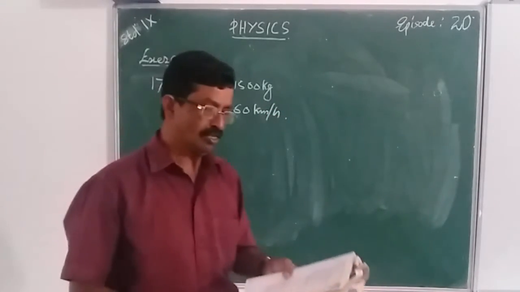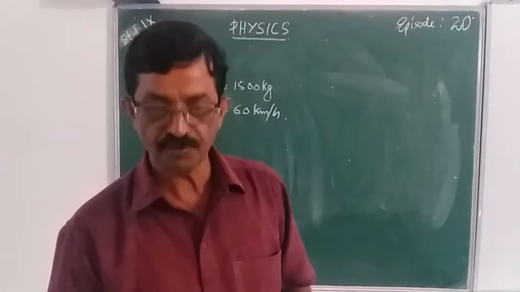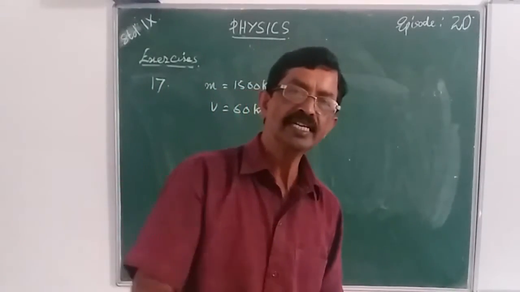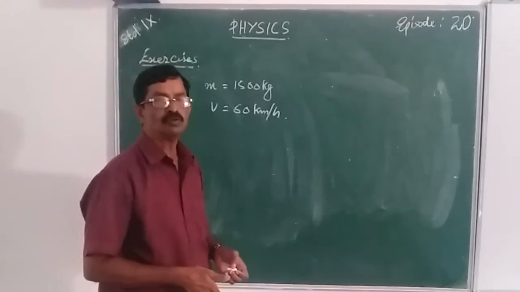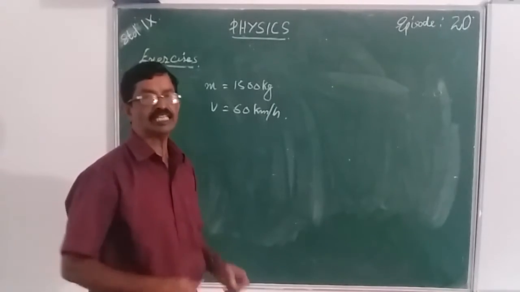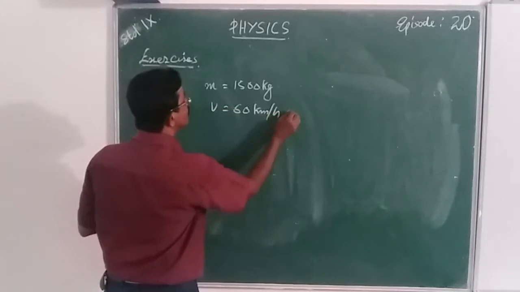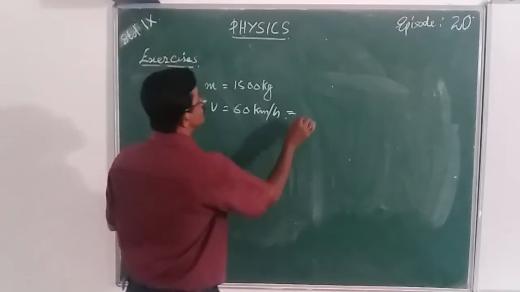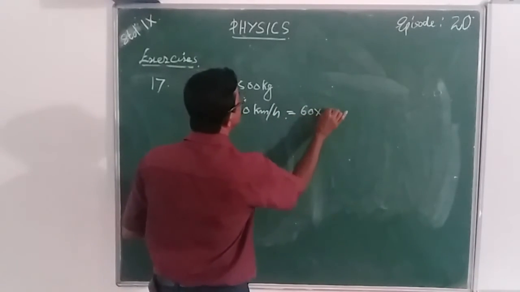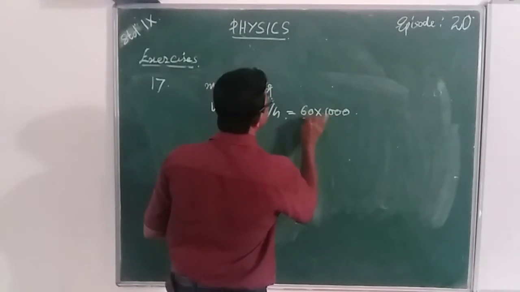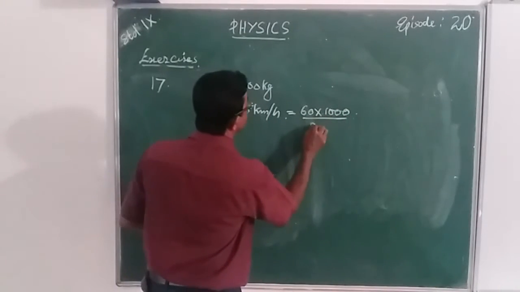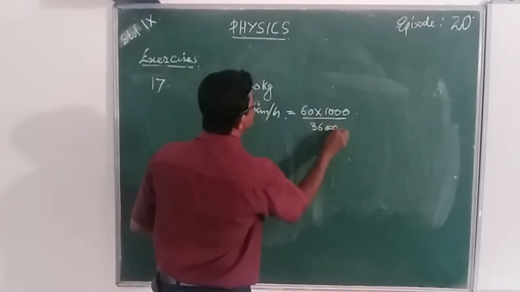We want to find out how much work we need to do. We know work done is equal to the kinetic energy. This 60 km per hour is equal to 60 into 1000 by 3600.